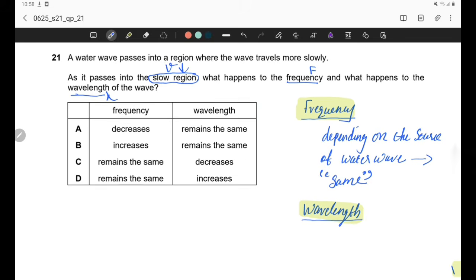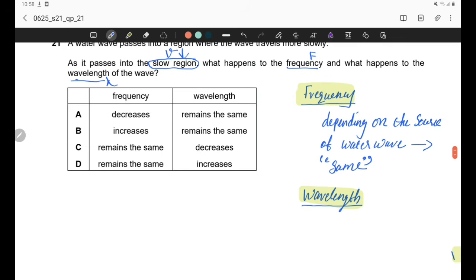To check that, we use the wave equation: the speed of a wave is the product of its frequency and wavelength. We have already seen the frequency will remain the same, but in this case the velocity is decreasing. So in order to maintain the same frequency, definitely the wavelength of the wave will reduce.